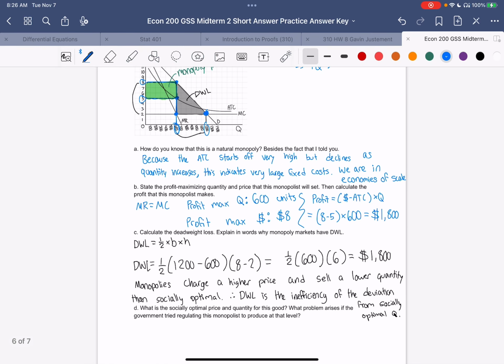So now for part D, what is the socially optimal price and quantity for this good? So remember, it's where demand intersects marginal cost. So it's going to be this point right here. And that is 1200 units. Socially optimal.